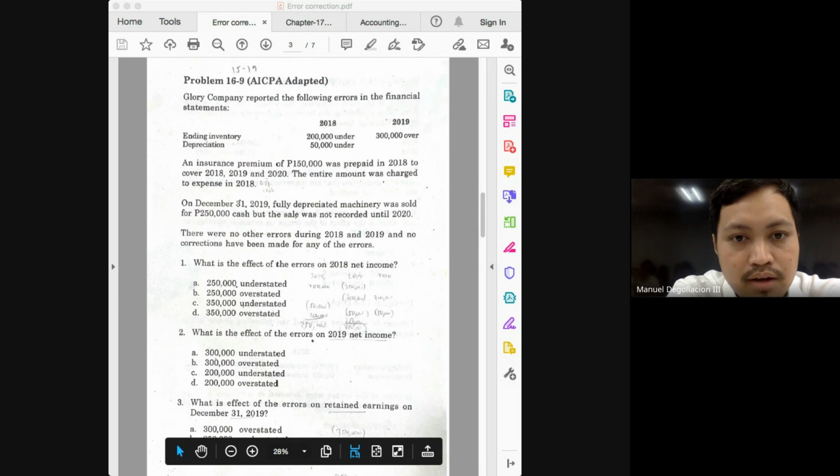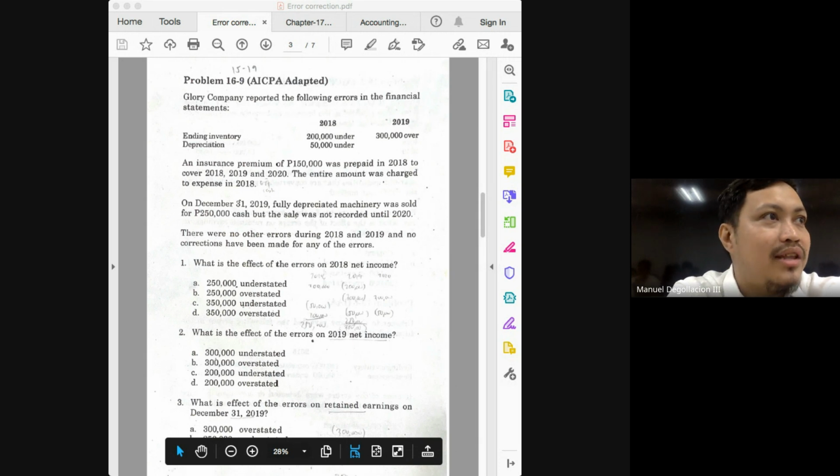Okay. The question now is, does this even affect our net income? Yes, class. The problem expects you to figure out that if you're selling a fully depreciated asset, whatever you receive for it will constitute a gain on your part. Because if it's fully depreciated, what does it mean?